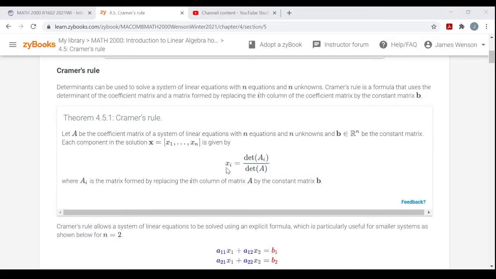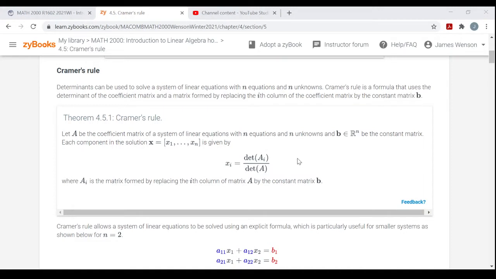So x1 will be the determinant of A1 divided by the determinant of A, x2 will be the determinant of A2 divided by the determinant of A, and so on. Where A_i is the matrix formed by replacing the ith column of matrix A by the constant matrix B.